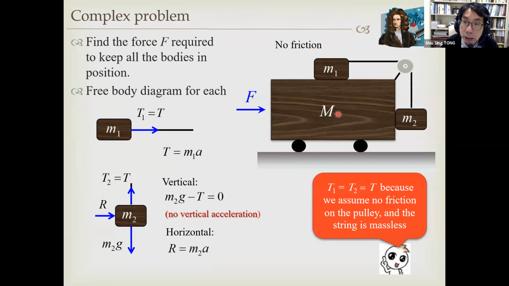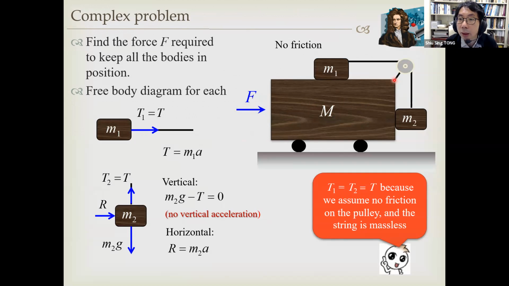Suppose we have a trolley of mass capital M, and a horizontal force F applied on the trolley. On the trolley, there is a smooth, light pulley fixed.